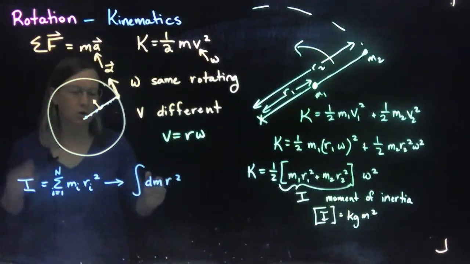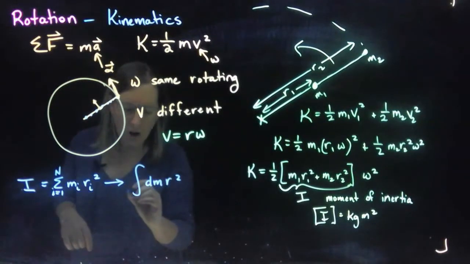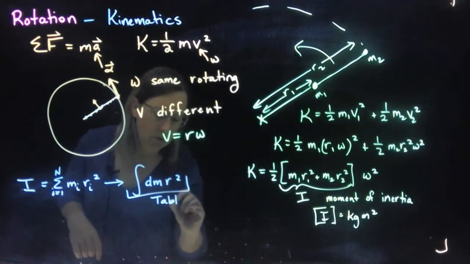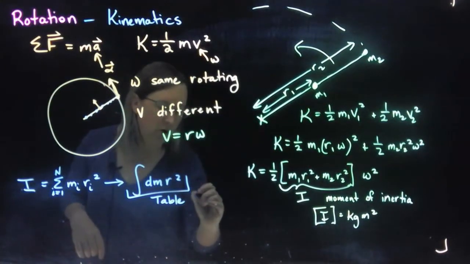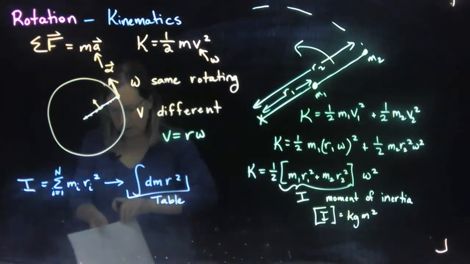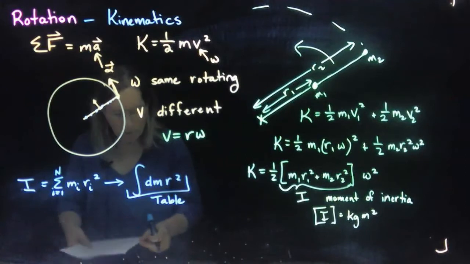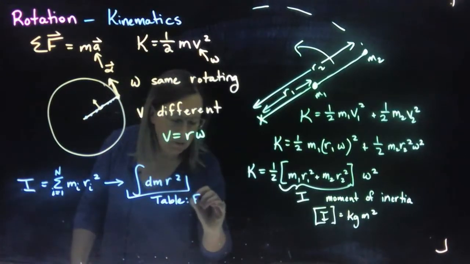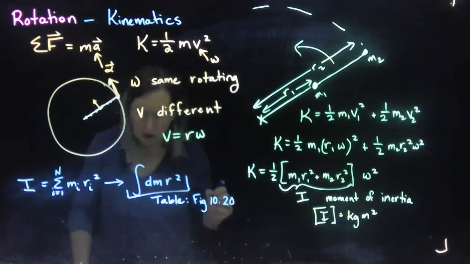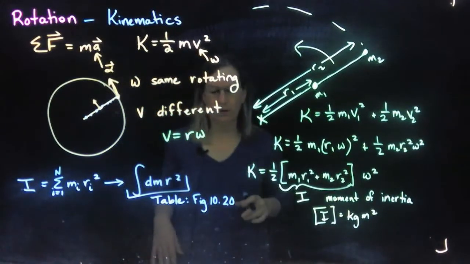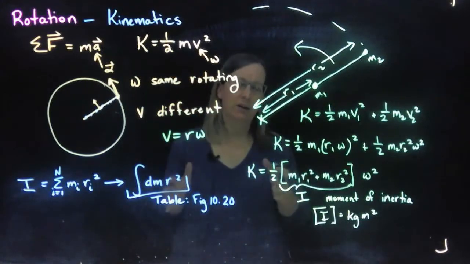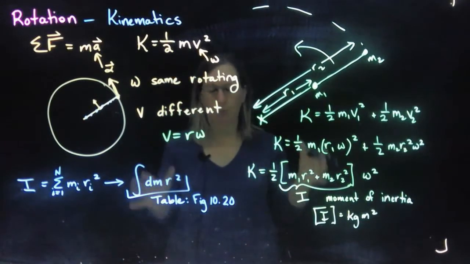What I'm going to encourage you to do is look up the moments of inertia in the table online or in your book. In your book, the table is figure 10.20, and that's a useful figure to just have somewhere. In general, on any test, I'll just provide that figure for you. I don't expect you to memorize these.